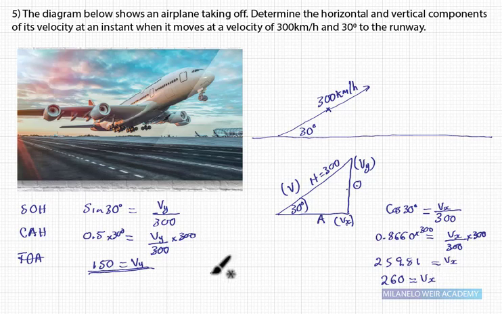Therefore, the horizontal component vx is equal to 260 kilometers per hour, while vy is 150 kilometers per hour.